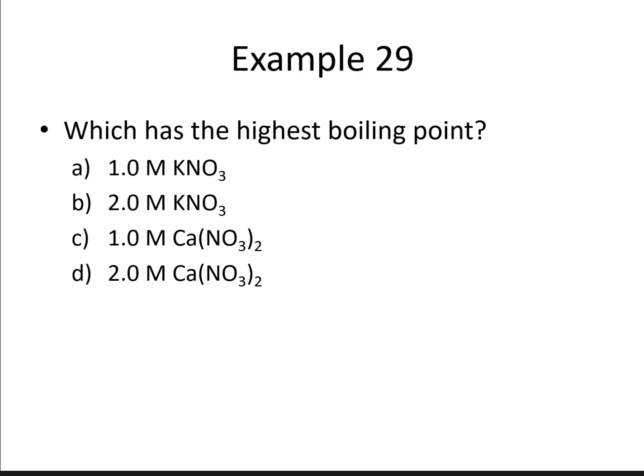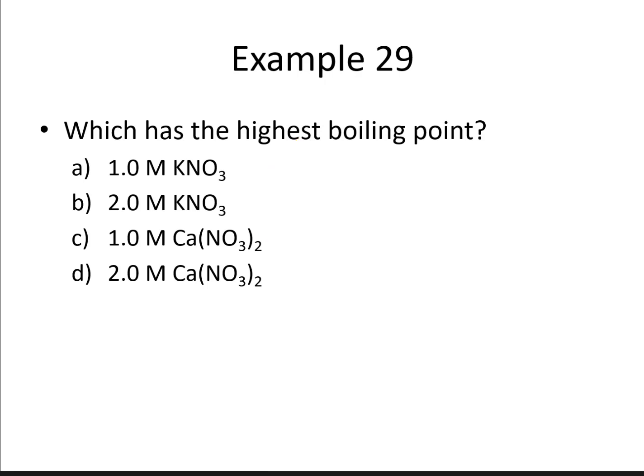Choice A, we have a 1 molar solution of potassium nitrate. Potassium nitrate will dissociate into 2 particles. 1 times 2 is 2. Choice B, you have 2 molar potassium nitrate. Once again, potassium nitrate dissociates into 2 particles. 2 times 2 is 4.